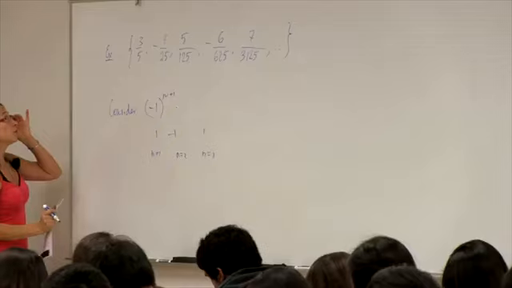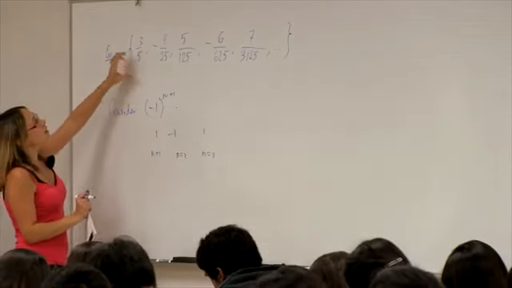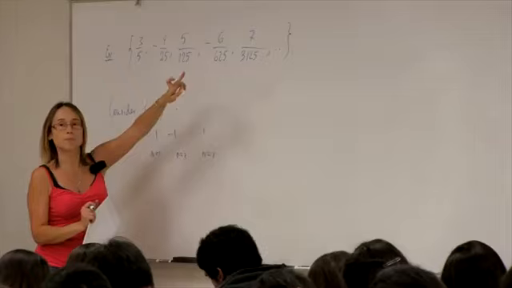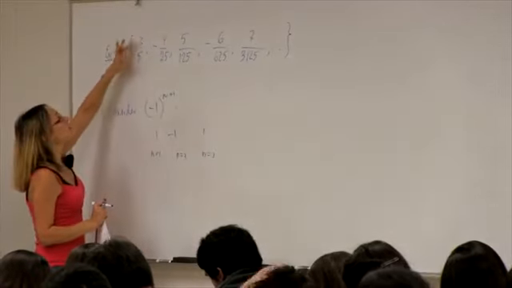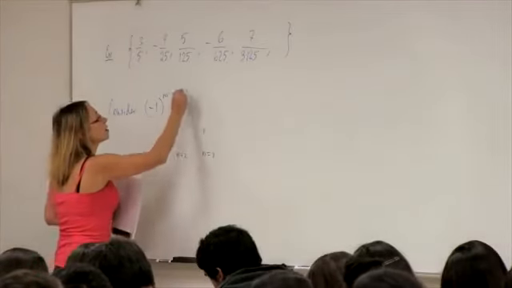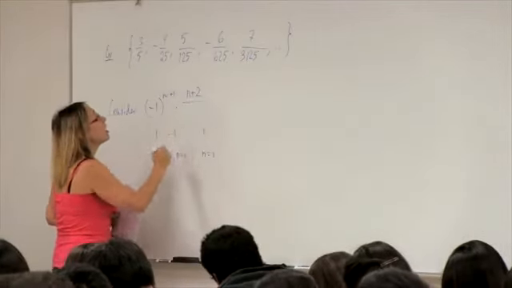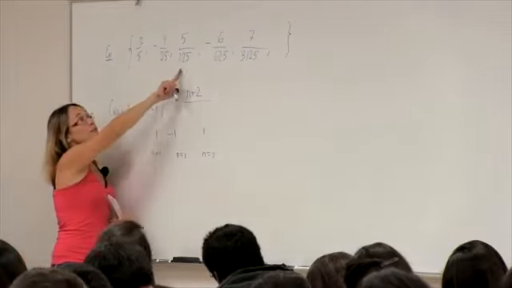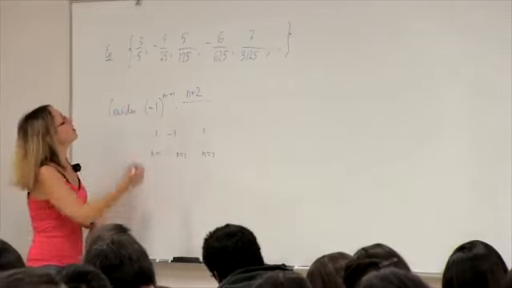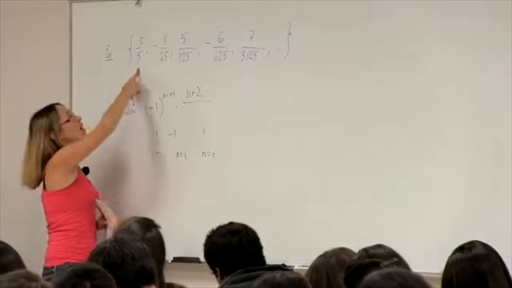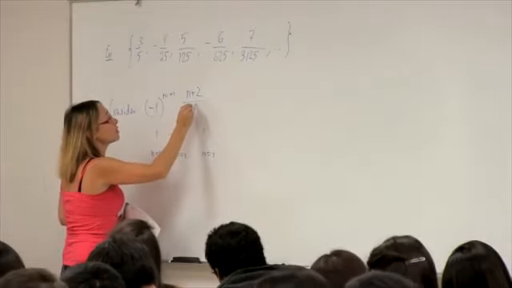I have more stuff going on. So the easier part is the numerator. I think it goes 3, 4, 5, 6, 7. So when n equals 1, we get 3, so it's n plus 2. You can see that, right? n plus 2. And in the denominator, what do you see? 5, 25. These are powers of 5. So this is the first power. So when n equals 1, we have the first power of 5. This is the second, and so on. So it's 5 to the n.